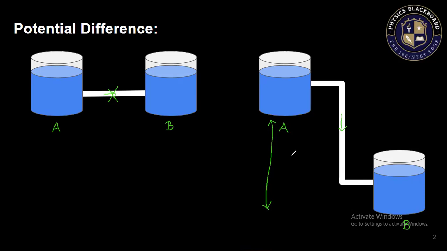When there is a potential difference between two ends, the charges also will flow like water from one point to another point of the conductor. Let's see how.